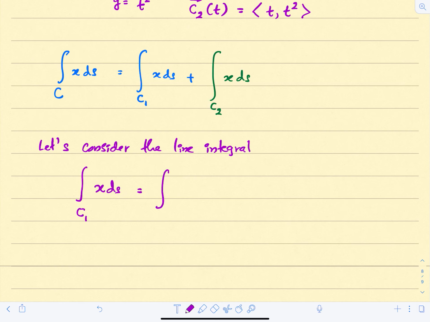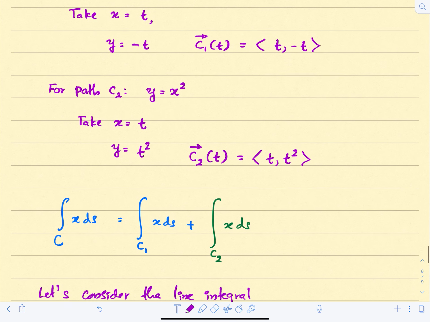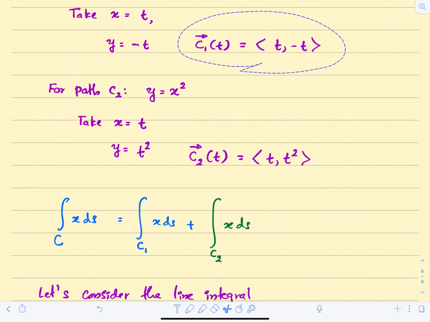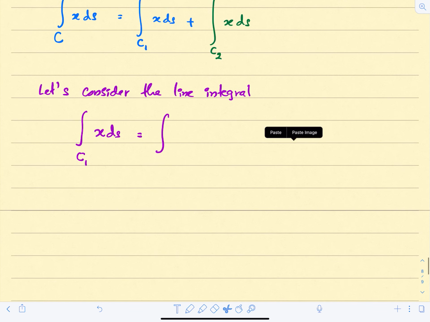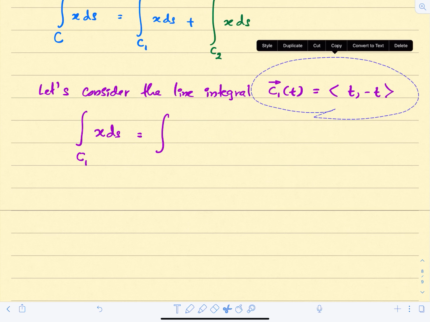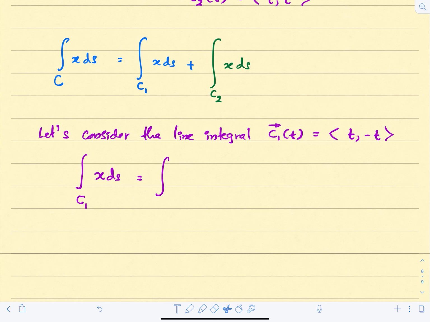Now this equals, your x coordinate on C1 equals t, and then here we should have the magnitude of C1 prime of t dt.